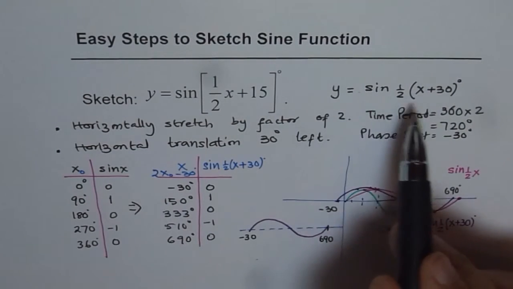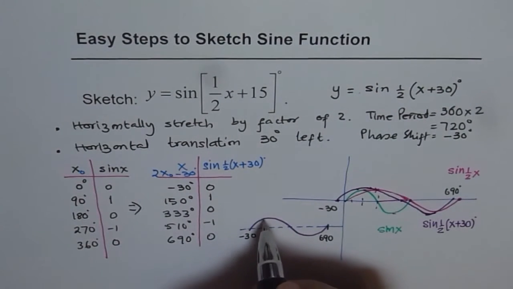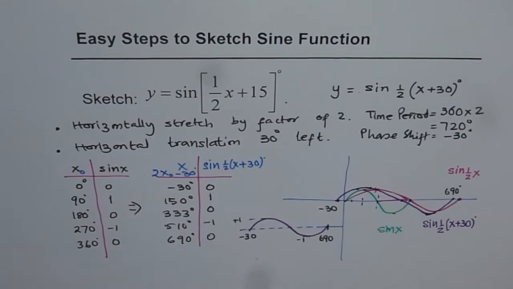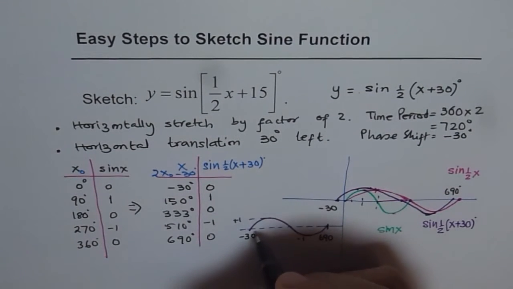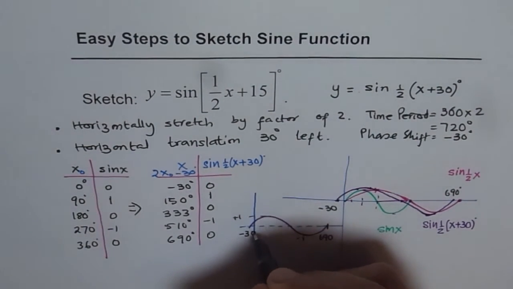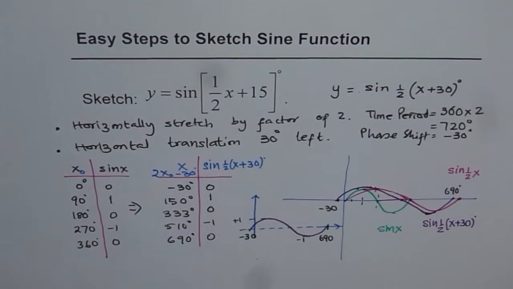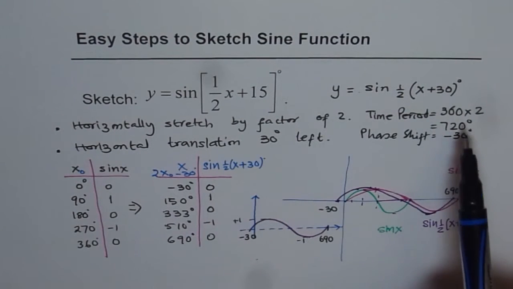Since there is no change in amplitude, it is 1, so that will be corresponding to plus 1, and this will be corresponding to minus 1, correct? So you can draw your axis later, that is like this, right? Going through 0, and that is your x-axis. So you could have drawn your function directly, knowing fully well the two parameters.